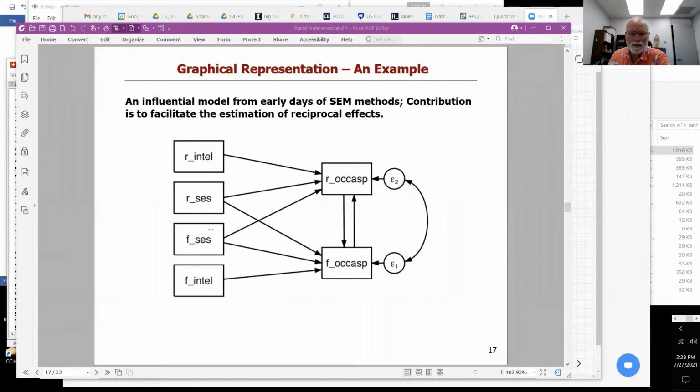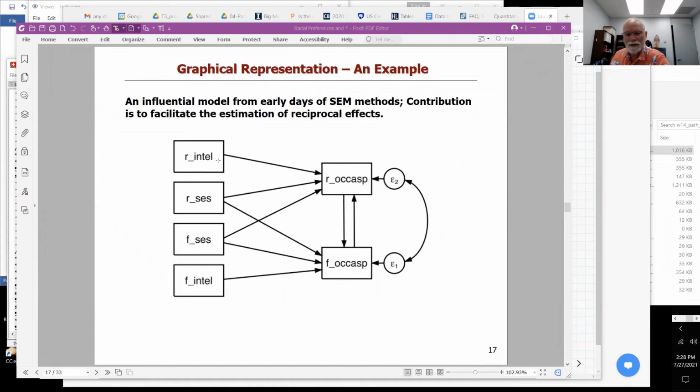So notice three variables on the far left have arrows going into respondents' aspirations. And three variables on the left have arrows going into friends' aspirations. And the set of three variables for each of those is not the same set.